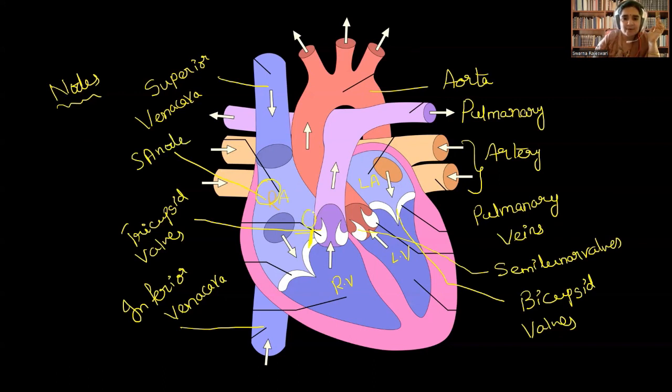And there is the AV node, the auriculoventricular node, which is present in the left lower side of the right atrium. Okay. So this much we are clear. And here we will go into how the blood flows within the different chambers of the heart, which we will call the cardiac cycle.